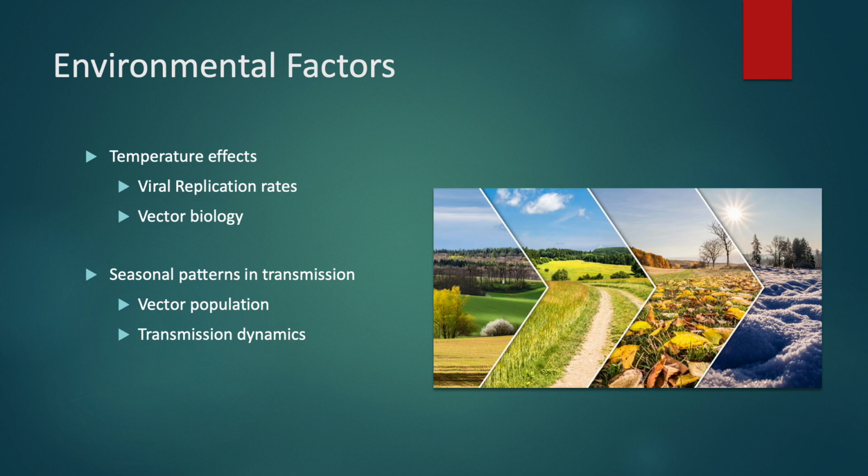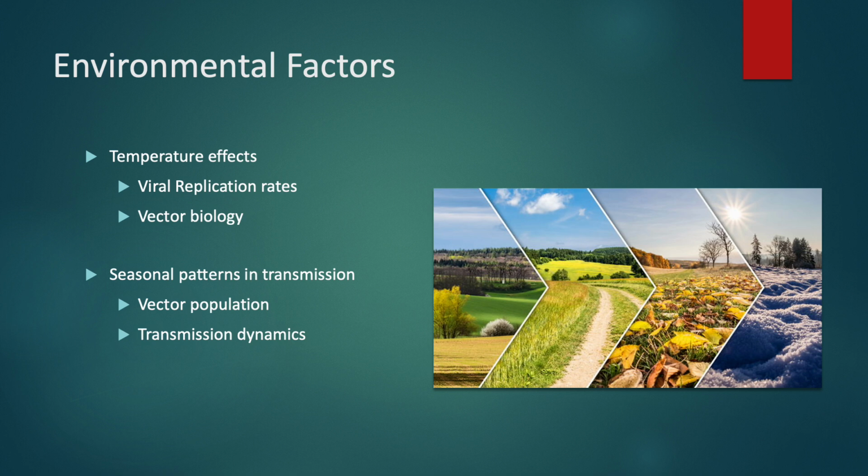For example, mosquitoes tend to be more active in warmer climates, and they tend not to be as active when it gets colder. Things like that can affect viral replication rates and vector biology overall, affecting all these different cycles that have been mentioned. So again, the vector population and the transmission dynamics.